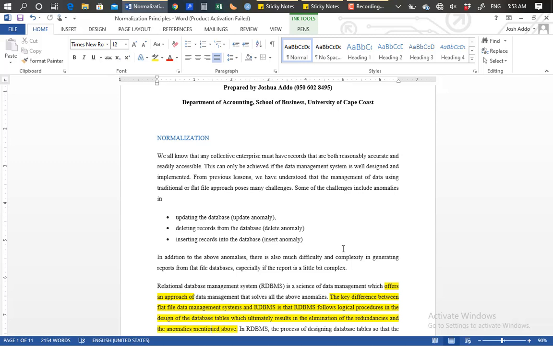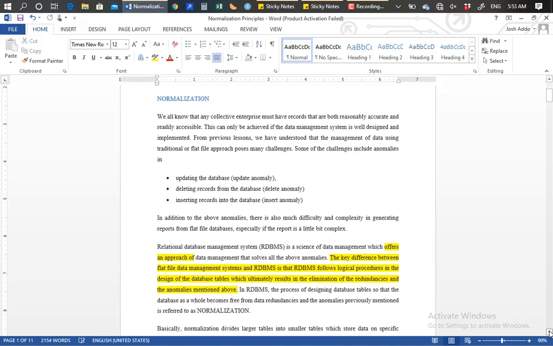Some data which needs to be deleted as well is left undeleted in some other table. It also becomes difficult when you have to add to such a database. And in addition to these three main anomalies, it also is a problem when you are preparing a report from such a database, most especially if the report is meant to be a little bit complex.